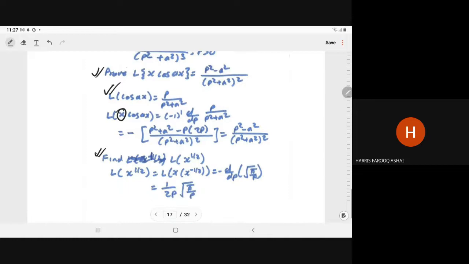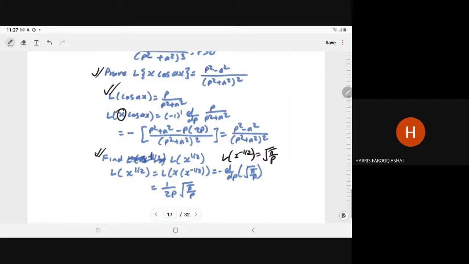If you have to find the Laplace transform of root x, we already know the Laplace transform of x^(-1/2), that is root of pi upon p. In the last class I derived this.